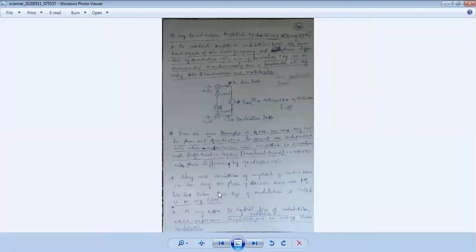So look back here: along with the variation of amplitude of the carrier wave, we can also vary the phase of the carrier, because we are already using M amplitude values, and for each M value there is a possibility of a phase. We call it M-ary quadrature amplitude modulation. That is why we call it quadrature.